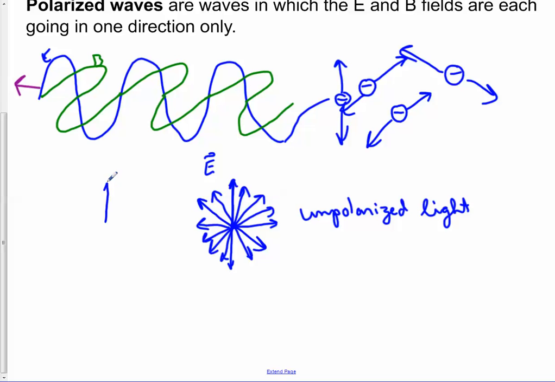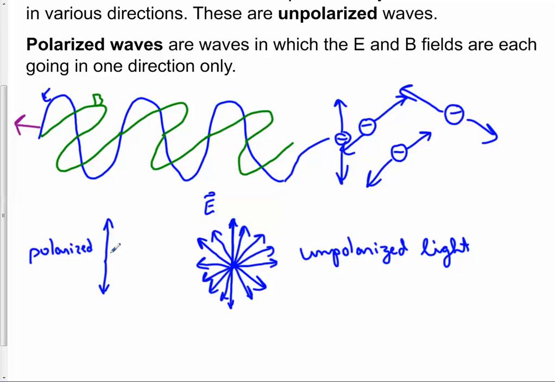When you only have it going in one direction, that's called polarized. It doesn't have to be up and down. It could be some other direction, but if it's just one direction, that's called polarized. And remember, I'm just drawing the E. Remember, for every blue E line I'm drawing, there's a perpendicular green B wave that is also there too.